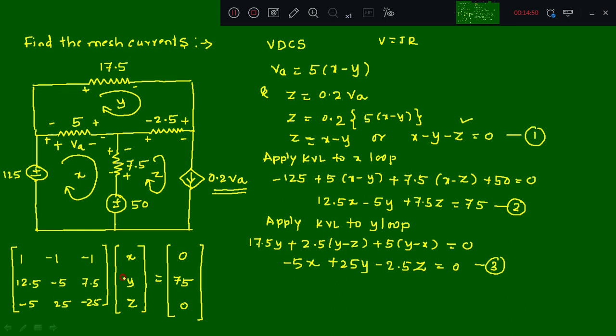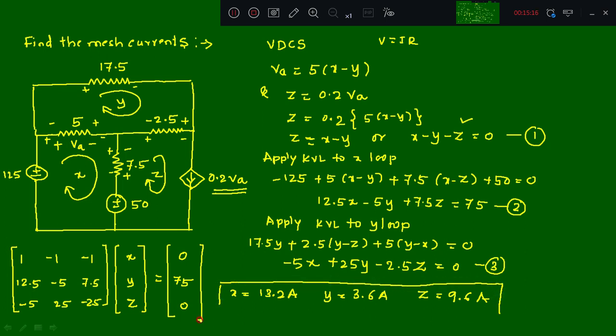Upon solving this by direct entry in the calculator or Cramer's rule, you will get the answer: x is equal to 13.2 ampere, y as 3.6 ampere, z as 9.6 ampere. So these all are the required solution for the given numerical, right?